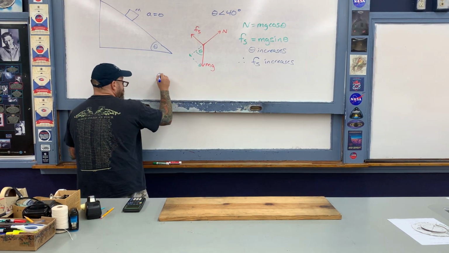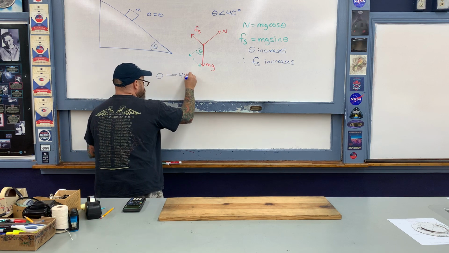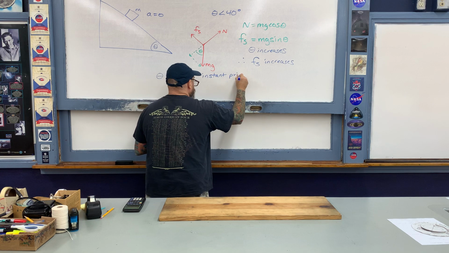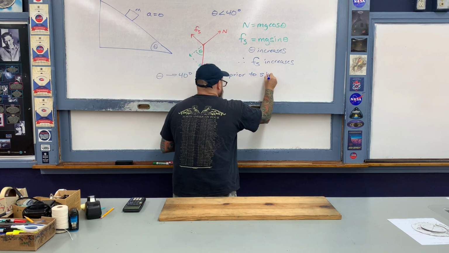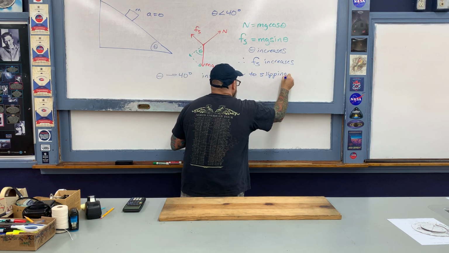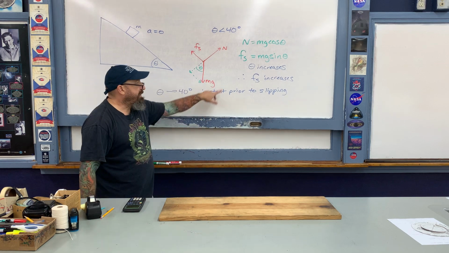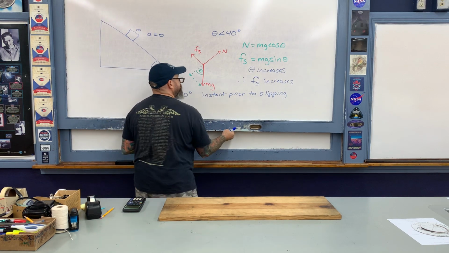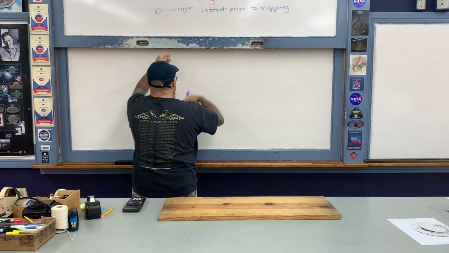Okay, so now let's let theta approach 40 degrees, and this is the instant prior to slipping. Only then can I now write the force of static friction as Fs max, like so.